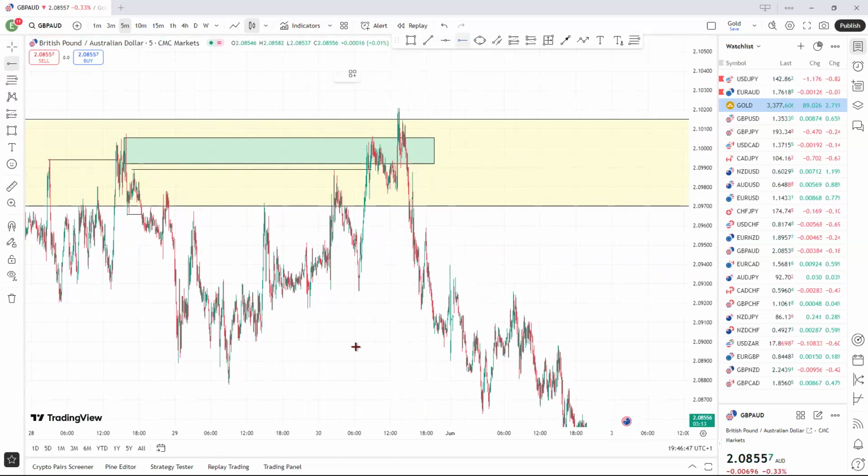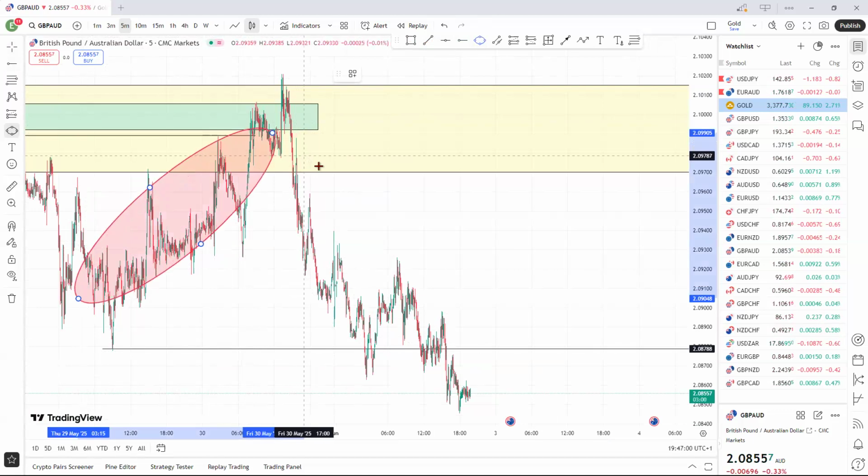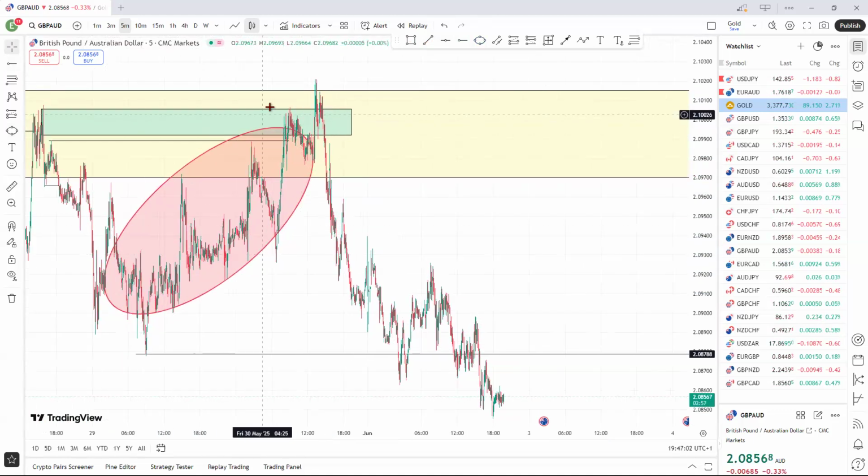This is your TP. Your TP is always the lowest low before price started approaching your POI. This is your lowest low here before price started doing this movement towards your POI. So this is your TP.